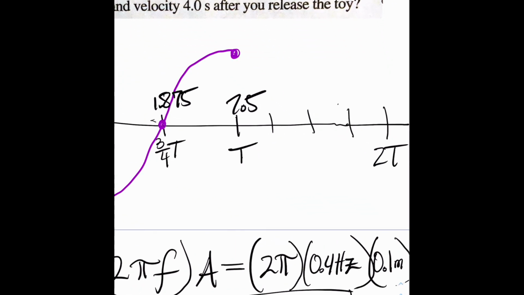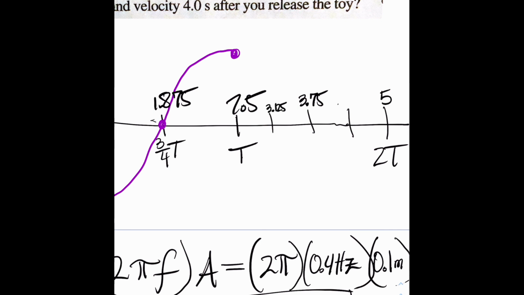I know it's going to be a little bit off because I don't have a ton of room, but you can see that the time for 2T is going to be 5 seconds, and 2.5 plus 1.25 would be 3.75. And if we add 0.625 to 2.5, this is 3.125.